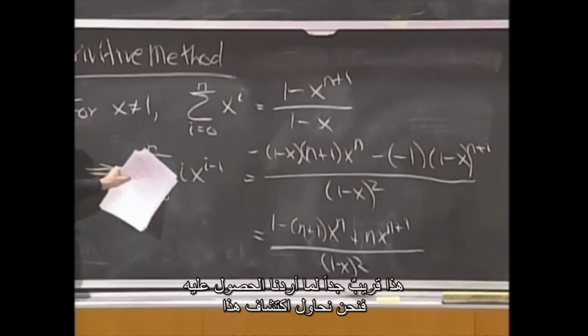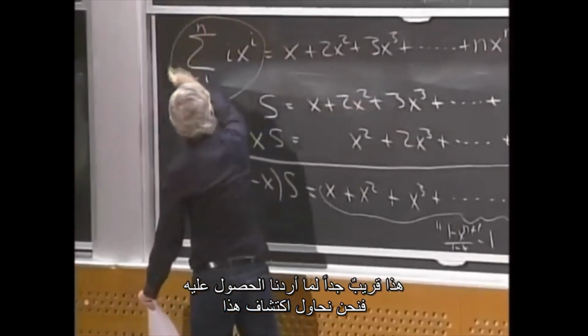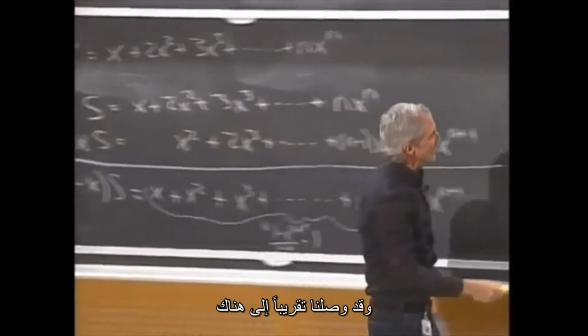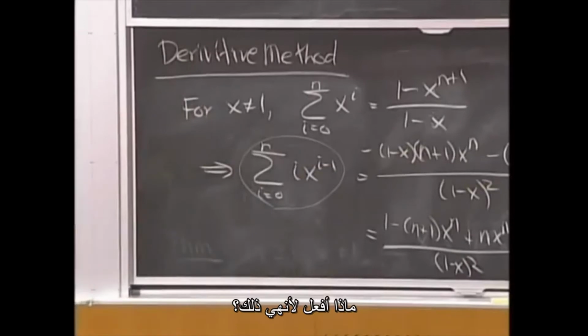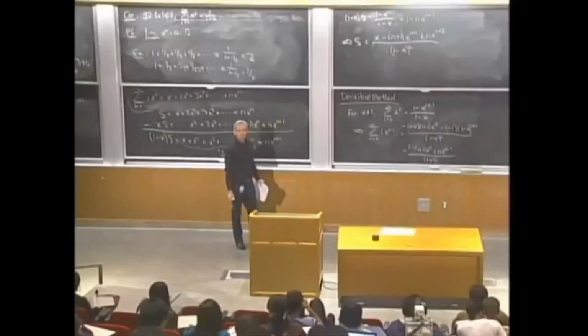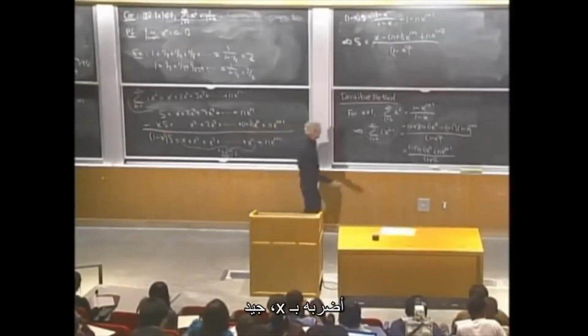This is pretty close to what we wanted. We're trying to figure out this, and we almost got there. What do I do to finish it up? Multiply by x. Good.